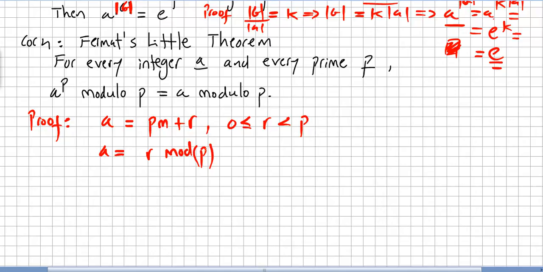So all we need now, we need to prove that r to the power of p equals r modulo p. Okay? Okay, first case. Imagine r is 0. Well, the result is trivial, right?